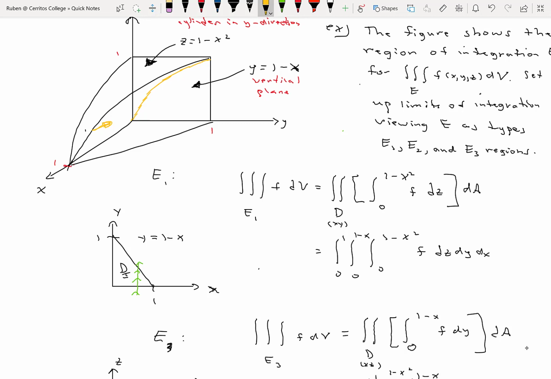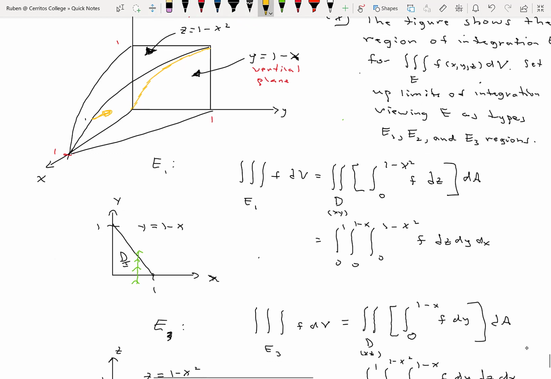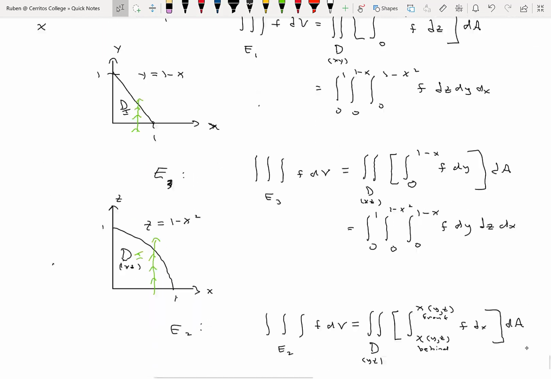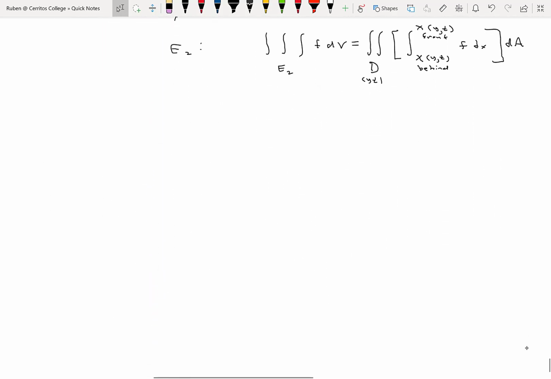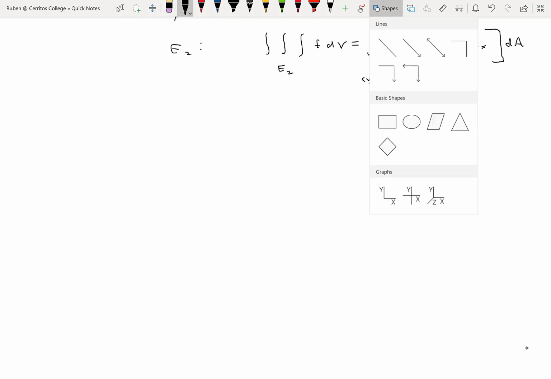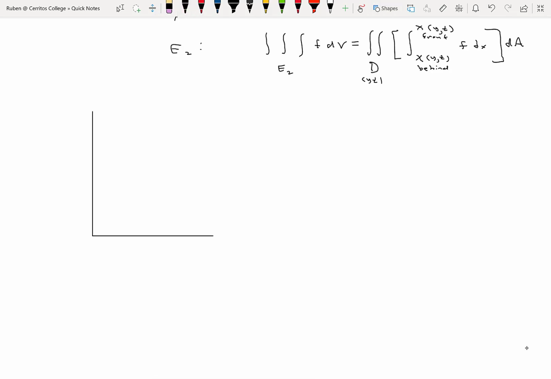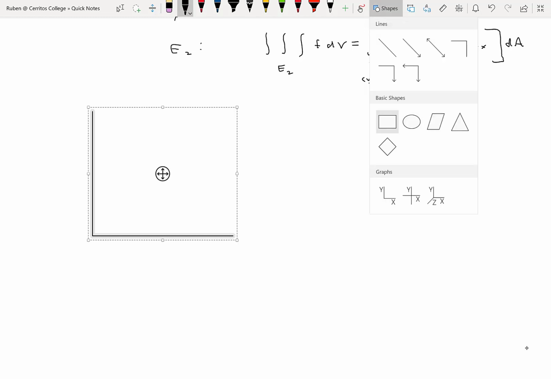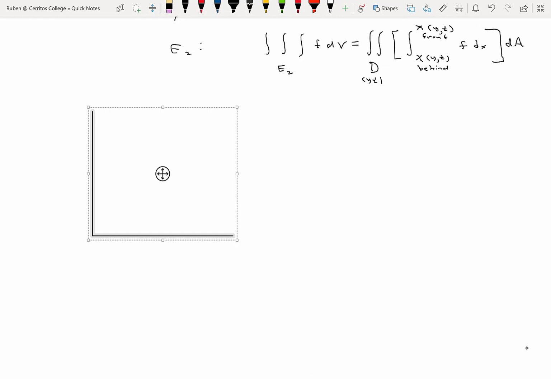Okay. Now I'm going to draw that surface in the back, that little square, again in the YZ plane with the yellow projection of the intersection. And we're going to use that to get our limits of this region as a type 2 region interpretation. Oops, hang on a second. Here is the YZ plane itself.